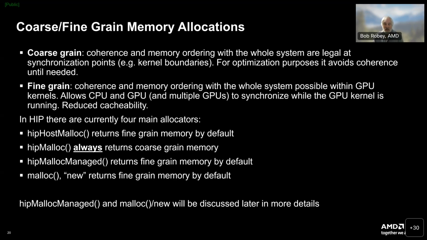And so again, we have 4 different memory allocators, and we'll look at each, but there are default characteristics of each of these allocators. So we see that 3 of them give us fine-grained memory, and 1 gives coarse-grained memory. hipMalloc will return coarse-grained memory, the others return fine-grained memory.